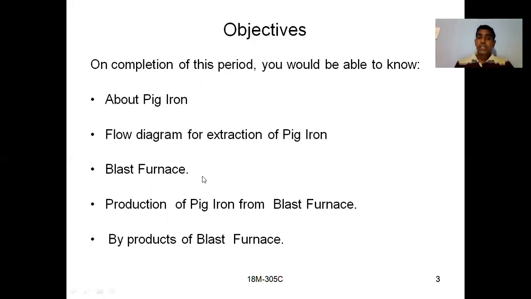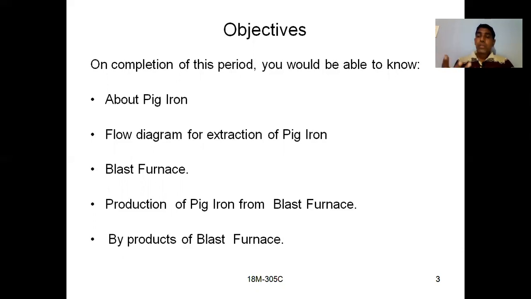And later we will discuss the constructional details and the operation of the blast furnace and production of pig iron from the blast furnace. And later we will discuss the products and byproducts of the blast furnace in this session.